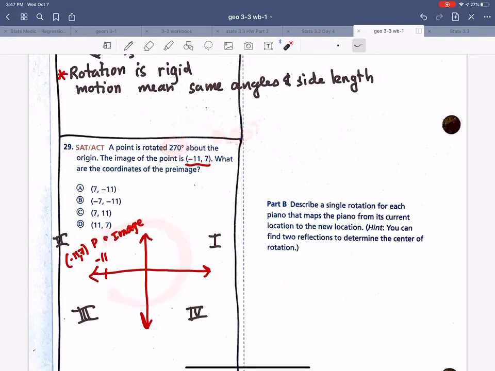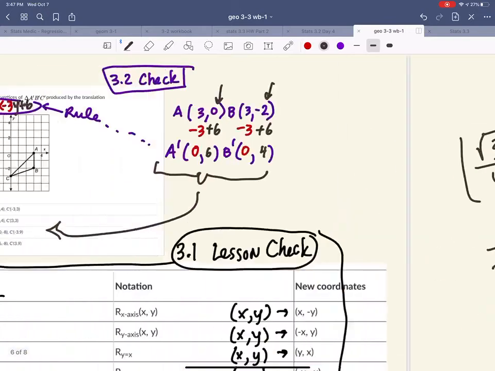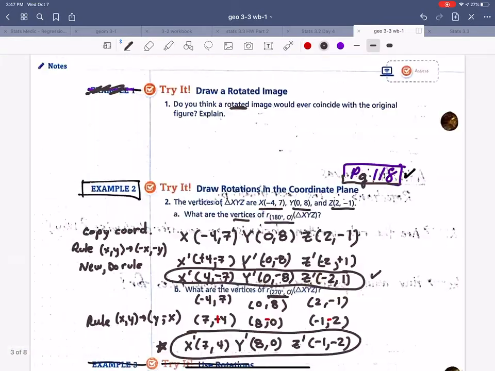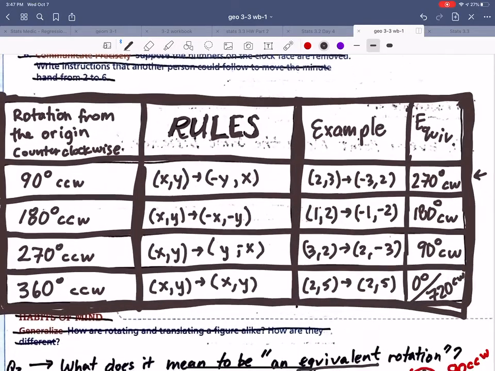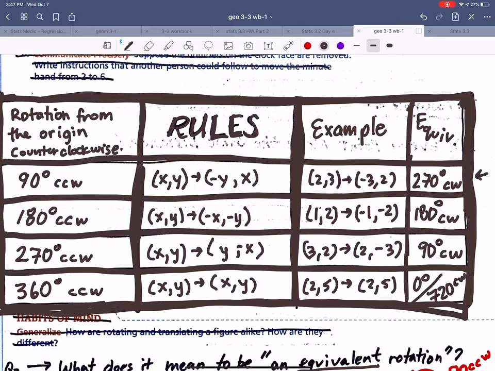Yeah, so that's interesting. Let's find out the equivalent rotation. So what rotation is equivalent to 270 counterclockwise? Let's find out, because I'm trying to work backwards. What coordinate is equivalent to 270 counterclockwise? So that's the same thing as 90 clockwise.